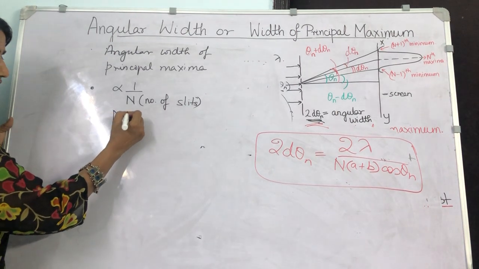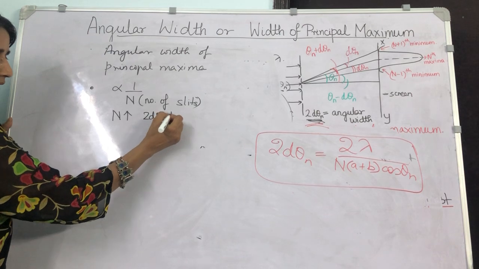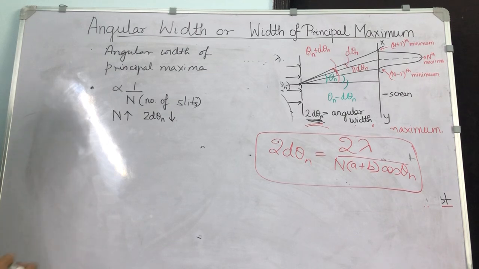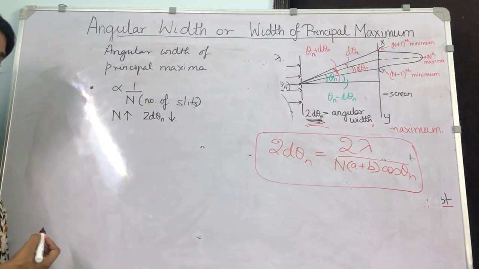That means when you increase N, the width of your maxima will decrease. So the angular width does not depend upon the number of lines on the ruling, but upon the total number of lines present on the grating.